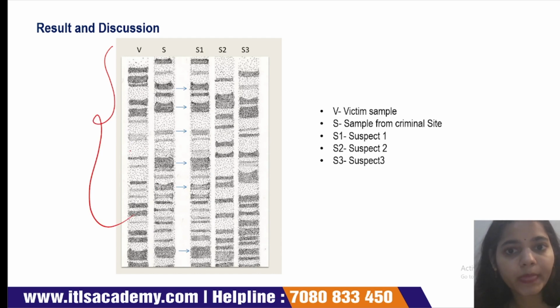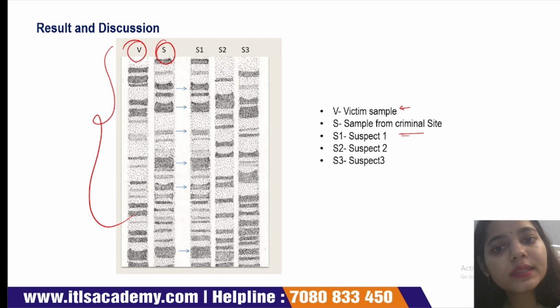For example, V shows the victim sample. S1 is the sample of the crime scene. S1 is the first suspect, S2 is the second suspect, and the third is the sample of the third suspect.